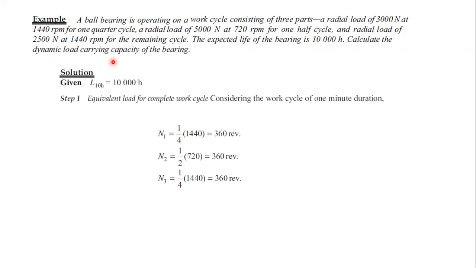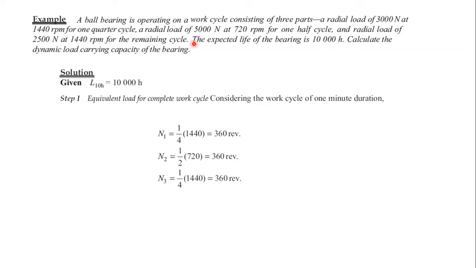According to the data given, L10H life of bearing in hours is 10,000. For the first element it is given that it is 1/4 of the cycle, so we have to divide by 4. 1/4 multiplied by rpm, so this is 360. For the second it is given half of the cycle, and for the third it is given the remaining cycle.